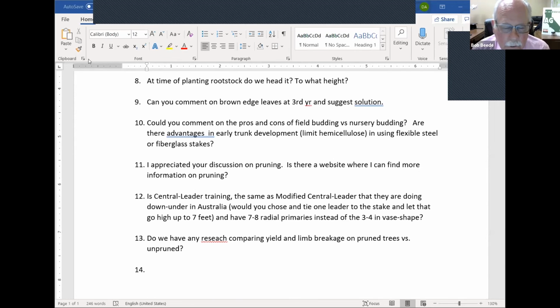And again, we do not have a UC research project that has studied the canopy development of field budded trees versus pre-budded nursery budded trees.